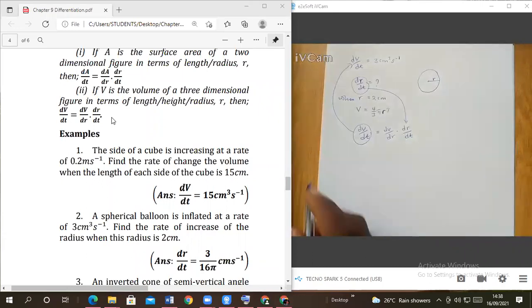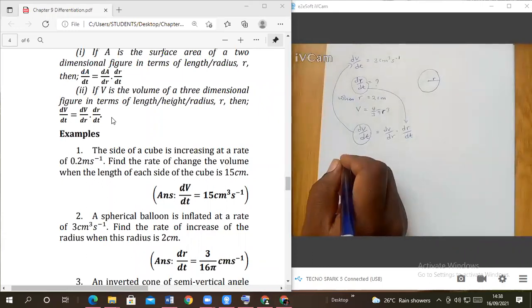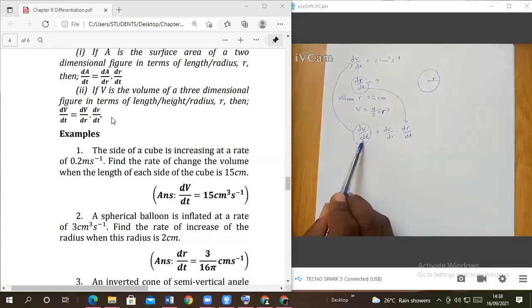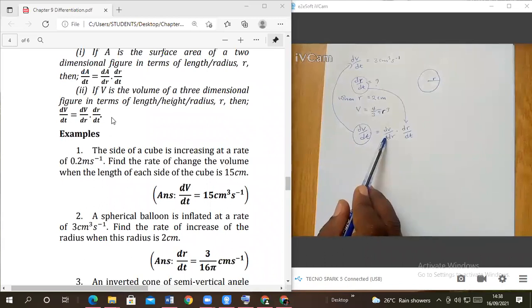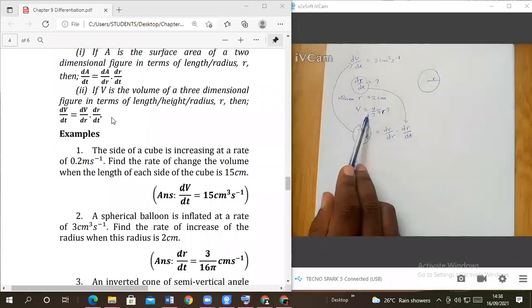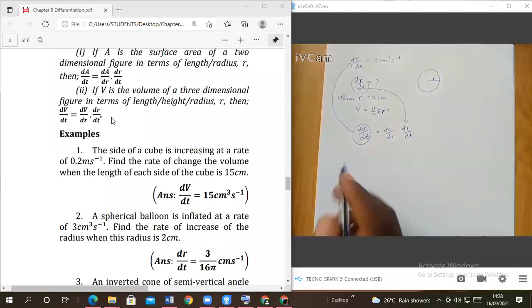Am I clear on that? Yes. Okay. Now, we have dv dt, but the question is, do we have dv dr? No. So we need to first find the dv dr, and as we had it in the first example, we get it from the formula we have put up there for finding the volume of that figure, the sphere.